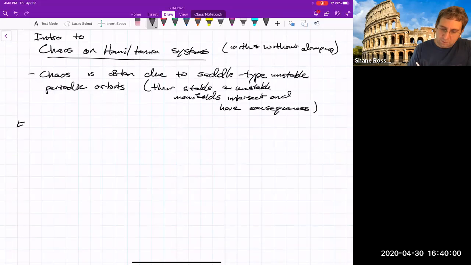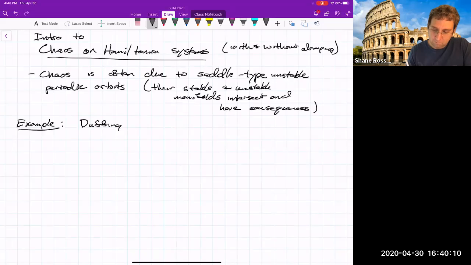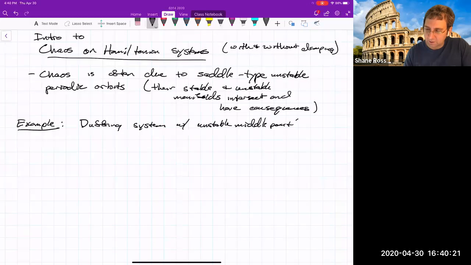So the example that we'll look at is kind of our new pendulum. Instead of the pendulum, we're talking about the Duffing system. This is the Duffing system with unstable middle point. It's sometimes called the double well, because it's got two stable wells on either side of that unstable point in the middle.